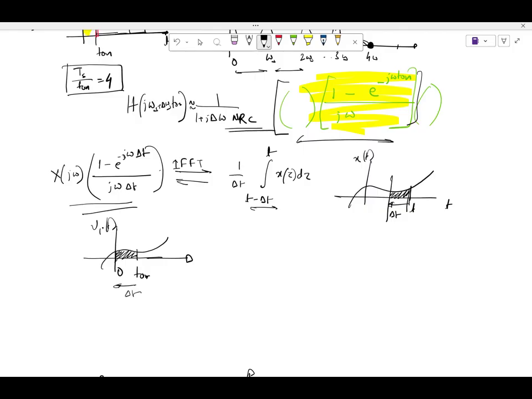The reason I am not doing it is because it is sufficient to evaluate the envelope for one cycle, right? In this case, we are interested between 0 to t on, right?